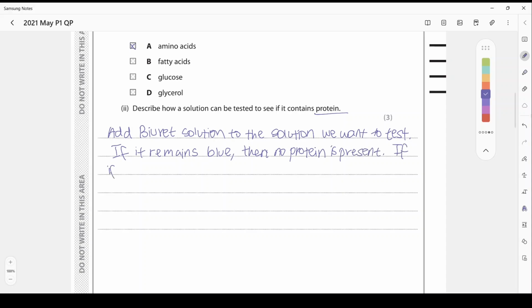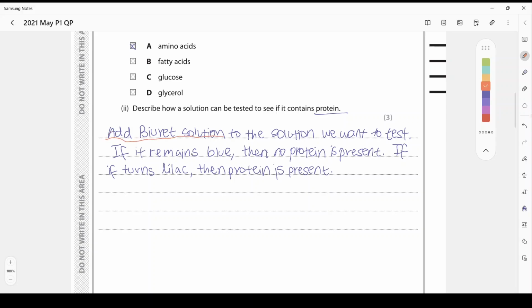If it turns lilac, then protein is present. All right, so the 3 marks are you need to add it to the solution.